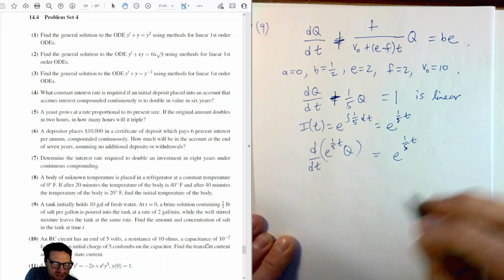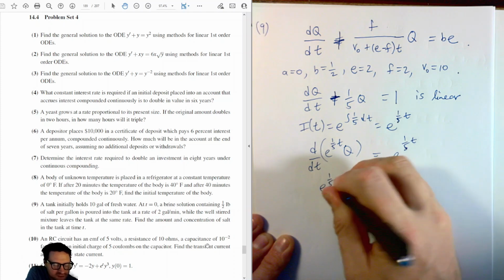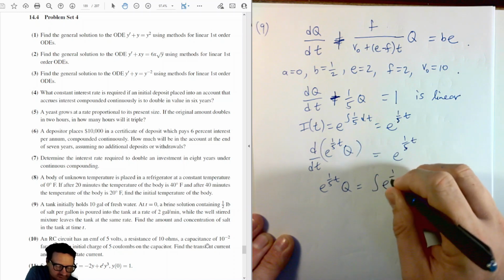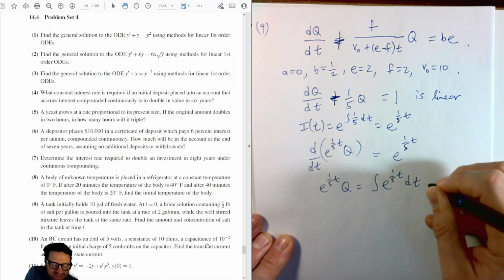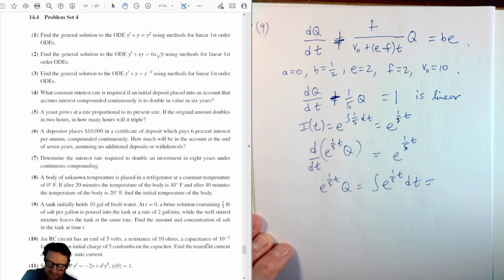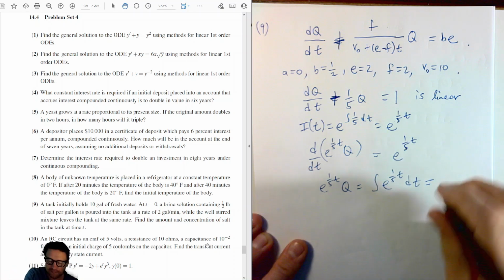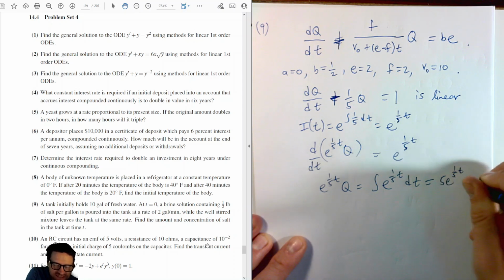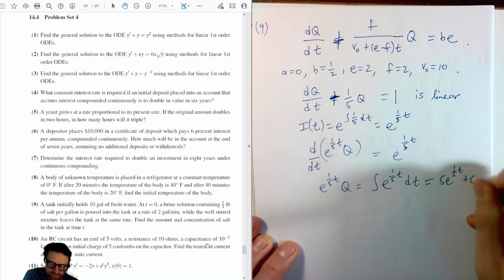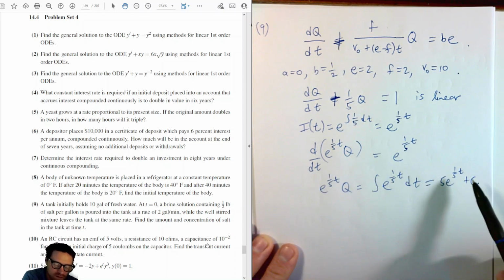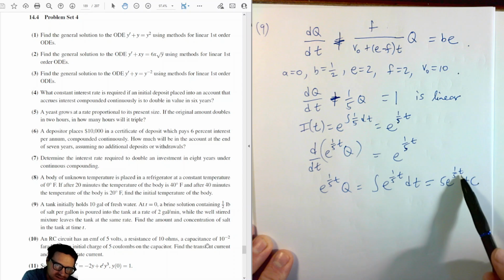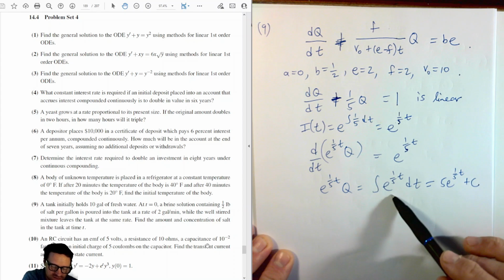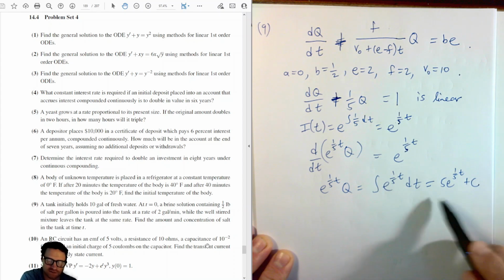Now, integrating both sides, we've got e to the 1/5 t times q is the integral of e to the 1/5 t with respect to t. This integral is easy. We just have 5 e to the 1/5 t and then plus c. Now notice that if you differentiate this, you have to bring down a 1/5, which would cancel with the 5 and give you e to the 1/5 t. So this integral is okay.